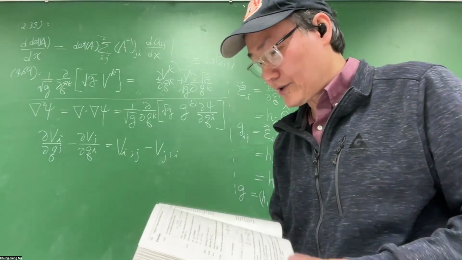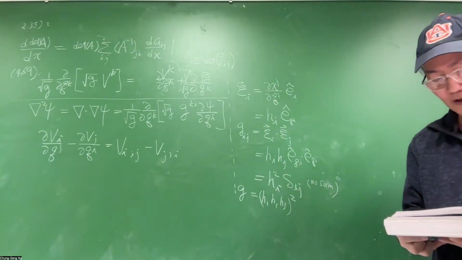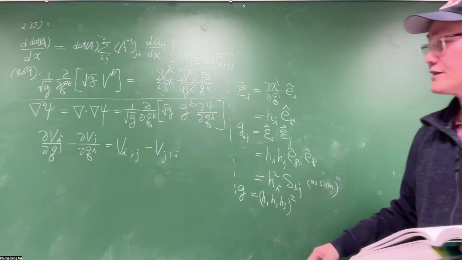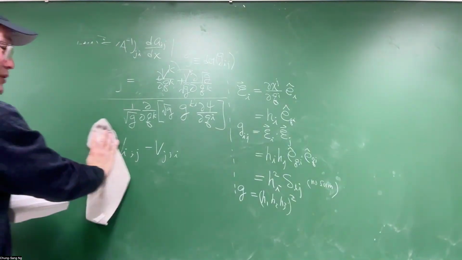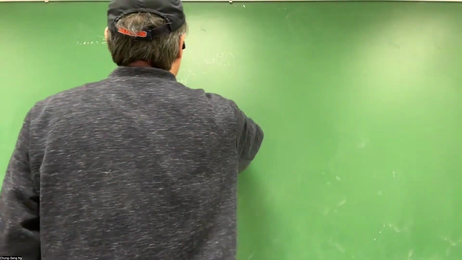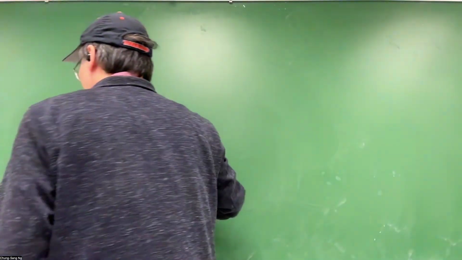But we'll come to the last topic, the Jacobian, which is related to it, but a little bit more elementary because I suppose you learned about how to do the Jacobian before.